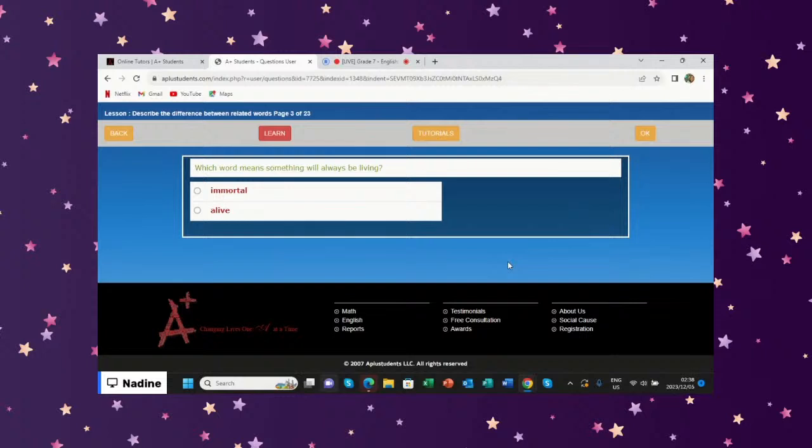If we look at these two words, immortal and alive, which word means something that will always be living? Something that will always be living. Is it immortal or is it alive?